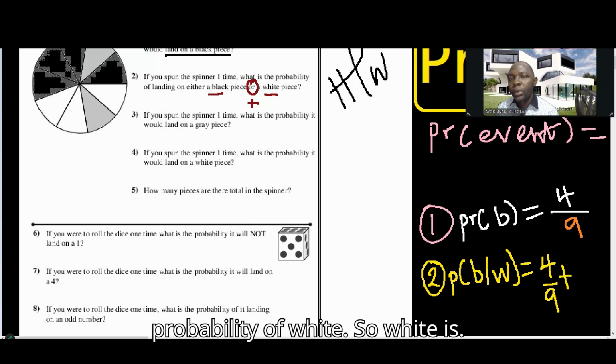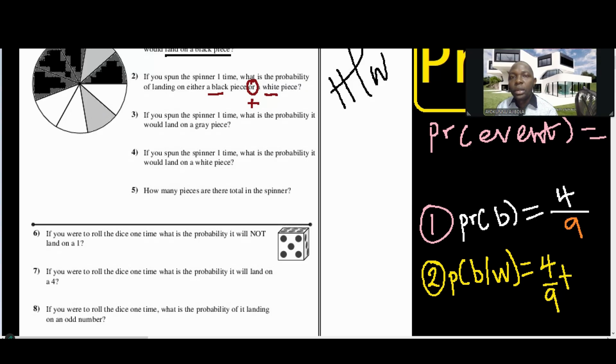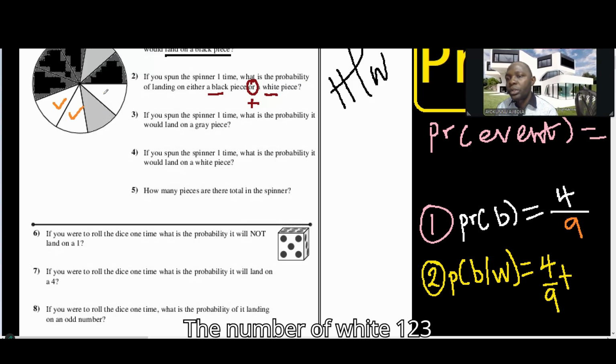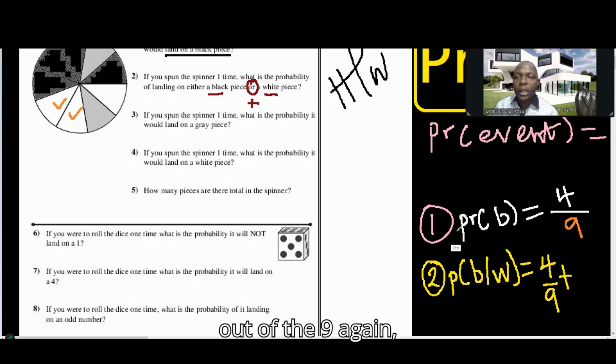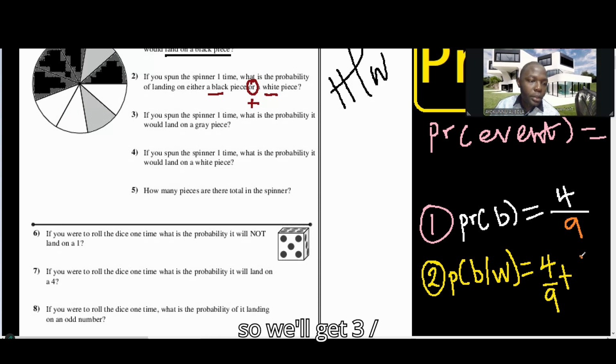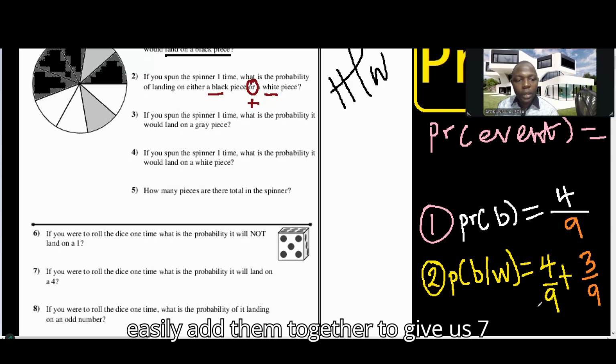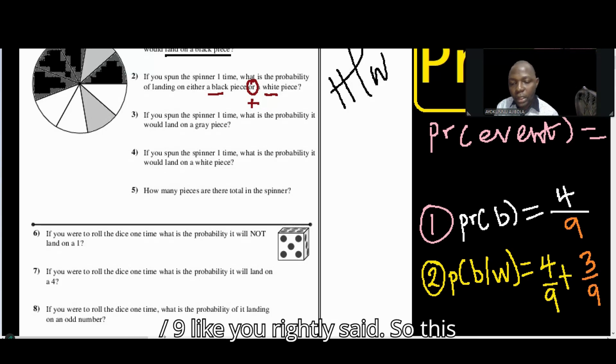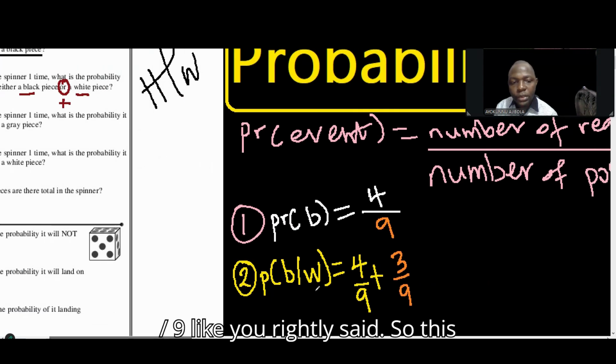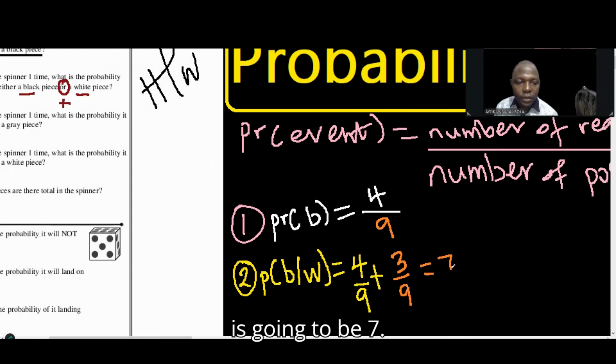So white is the number of whites, one, two, three, out of the nine again. So we'll get 3/9. Then we can easily add them together to give us 7/9, like you rightly said.